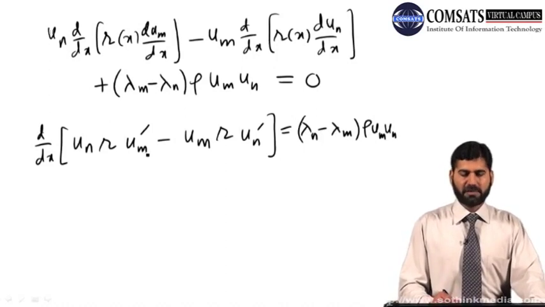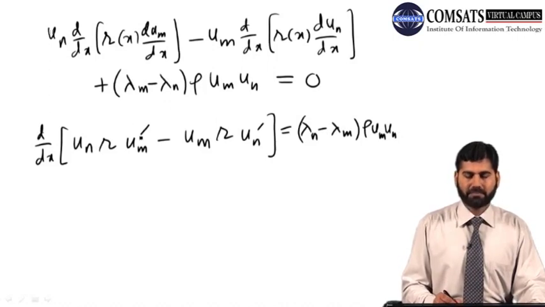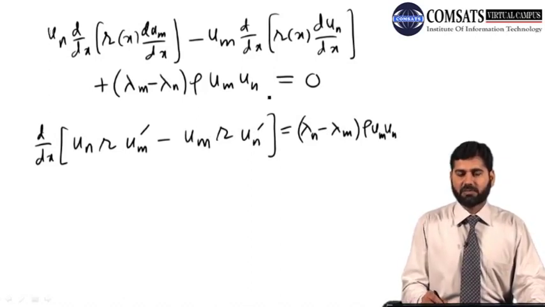Here you can simplify and see this is true. If you take un as it is, the derivative of R um prime, and then R um prime as it is, the derivative of un, that will be cancelled with um as it is, the derivative of R un prime, and un prime as it is, the derivative of um. They will cancel, and at the end you will be left with the derivative of R(um un prime).